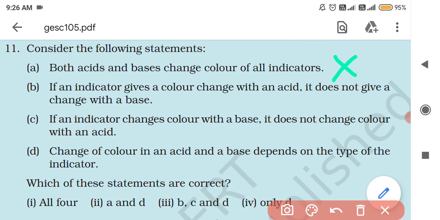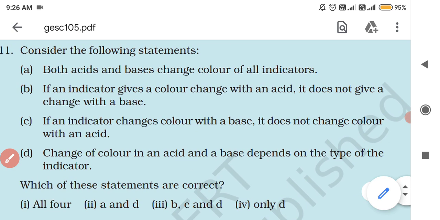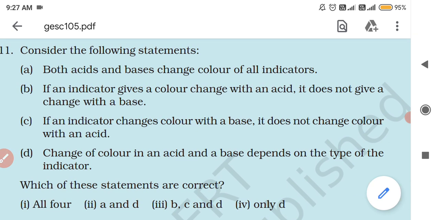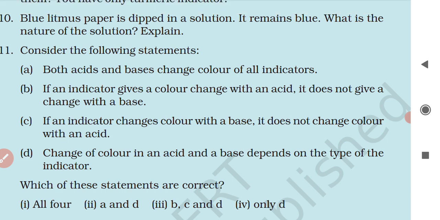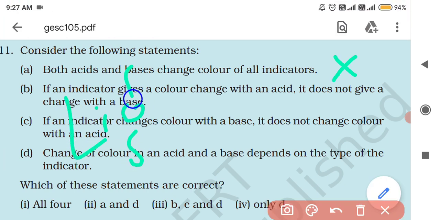Next, statement B. If an indicator gives a color change with an acid, it does not give a change with a base. Let me take the example of China rose petals. First of all, what is the color of China rose indicator? It is light pink, right? The color of China rose indicator is light pink. It is also given in the book. I have discussed this thing.